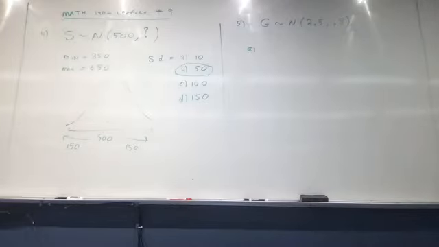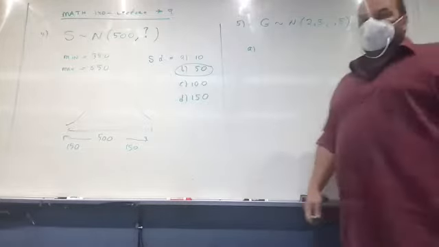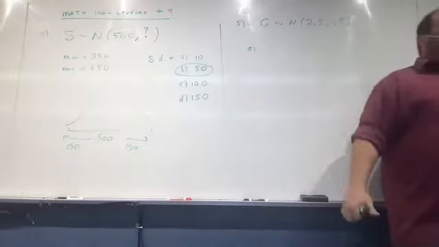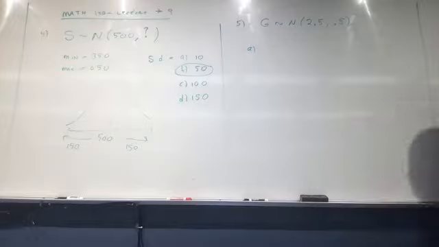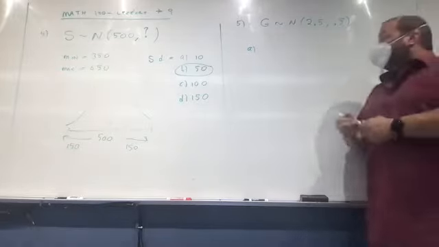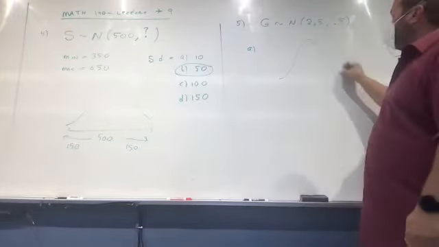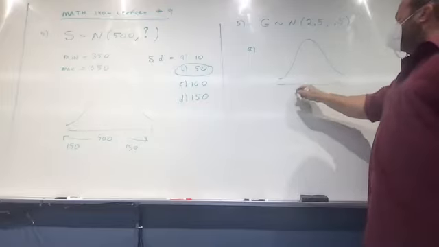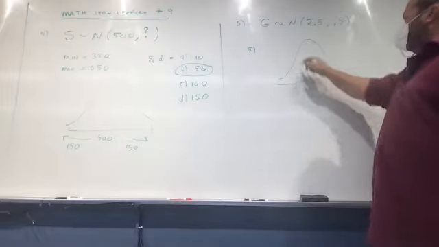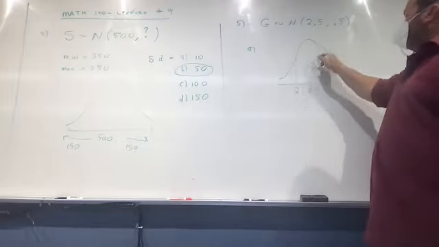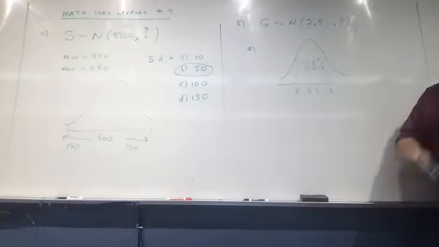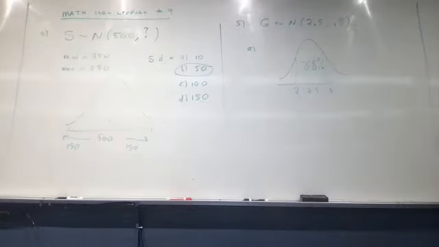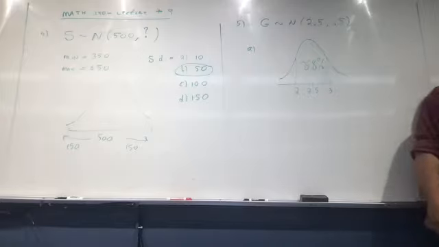Got it. 67. How do you get that? Closer to 68, but anyways, go ahead. It will be the one deviation rule. So the mean is 2.5, and one deviation left is 2, and one deviation up is 3. And we know that there's approximately 68% for a normal distribution, one deviation left and one deviation right of the mean.